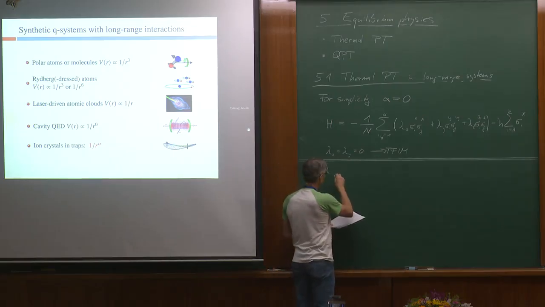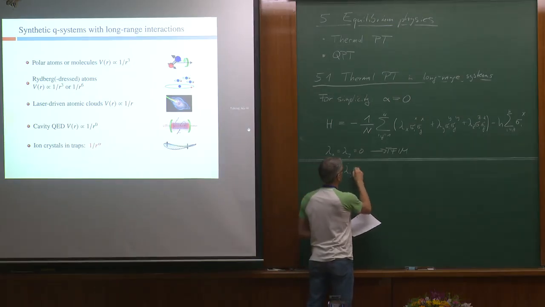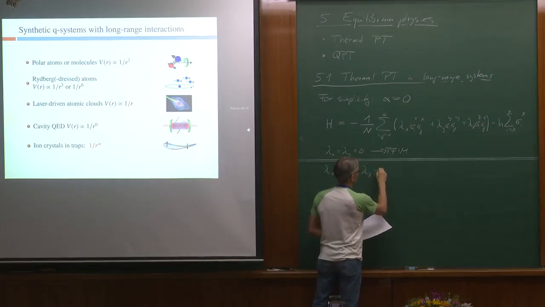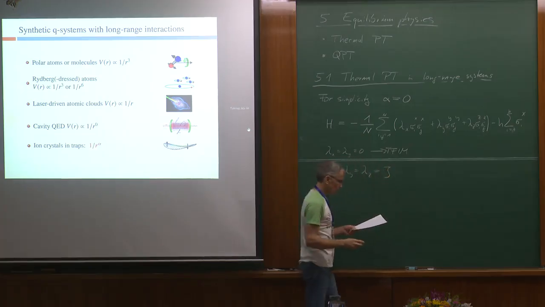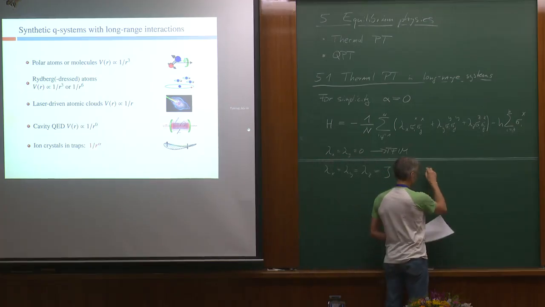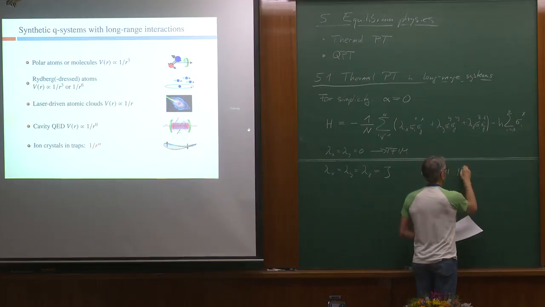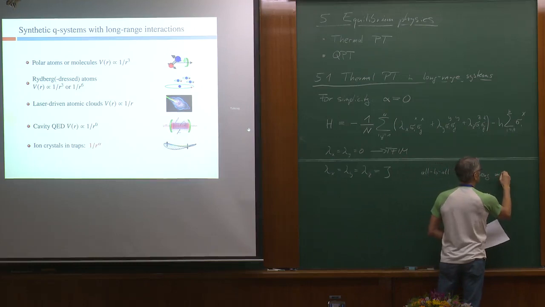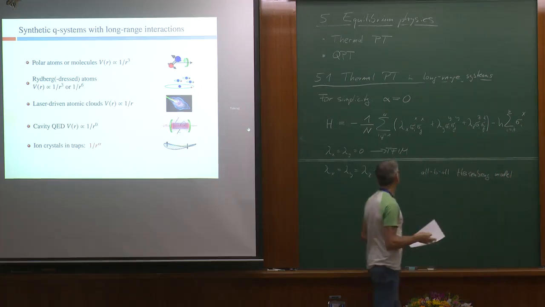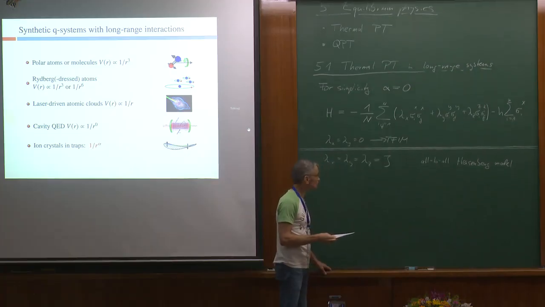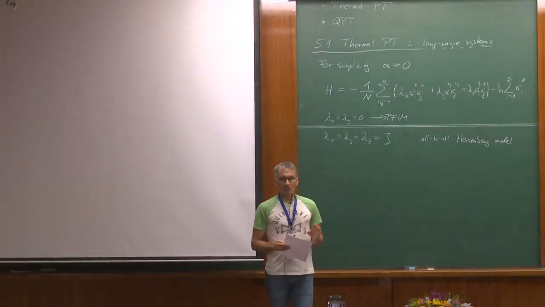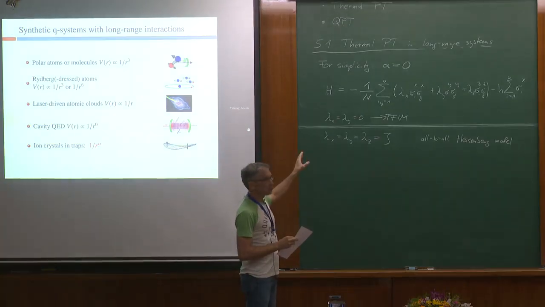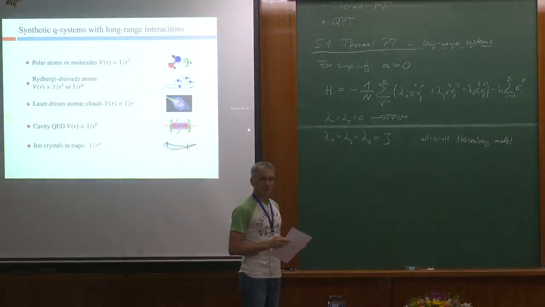So what we'll be looking at is lambda x equals lambda y equals lambda z to some value that I'll be calling J. And this is then the all-to-all Heisenberg model.